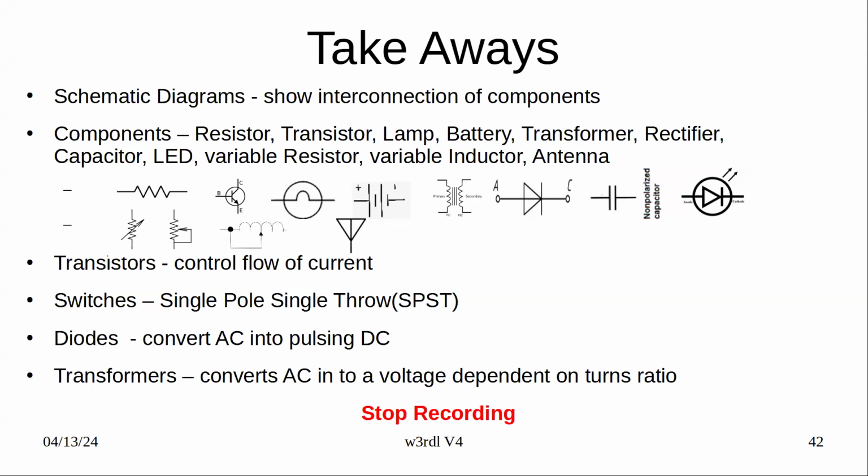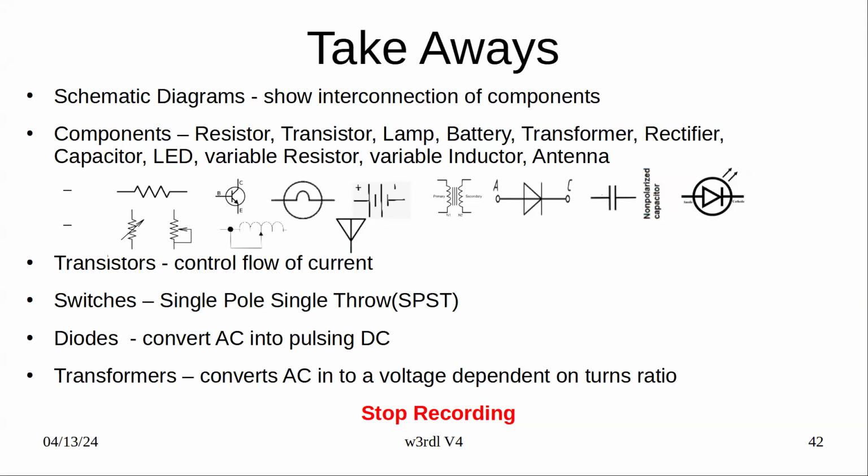Switches can switch either on or off or between two different circuits. Diodes, as a rectifier, can convert AC into pulsing DC. It's still a diode. We just call that process rectification.